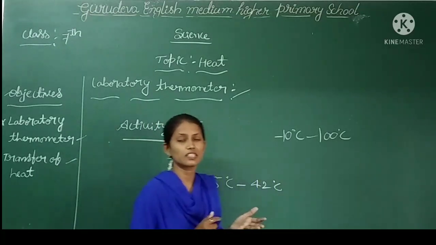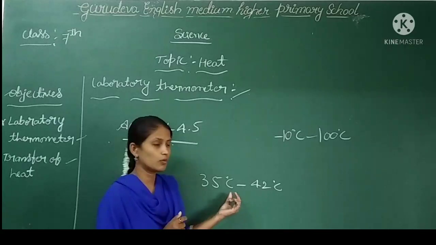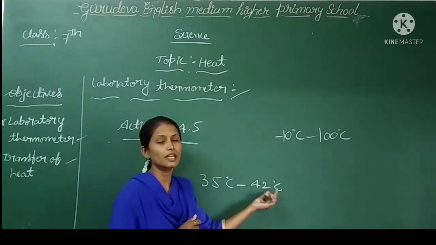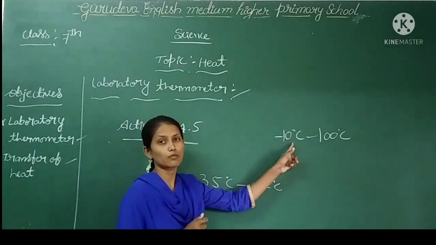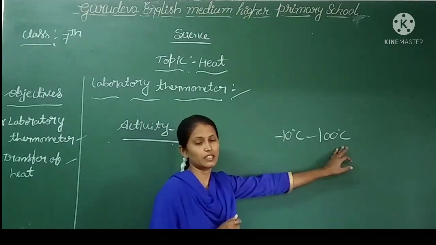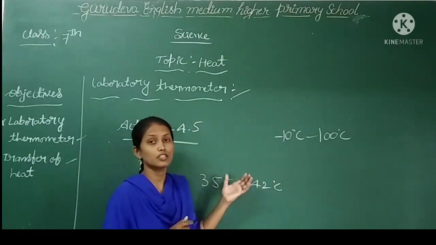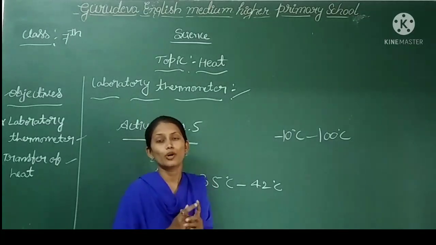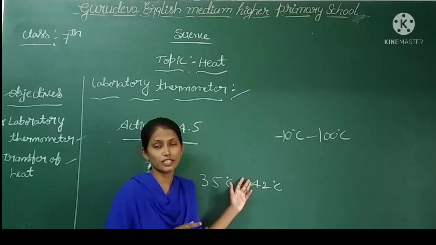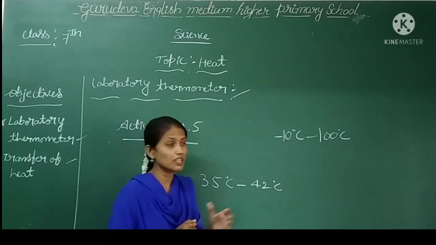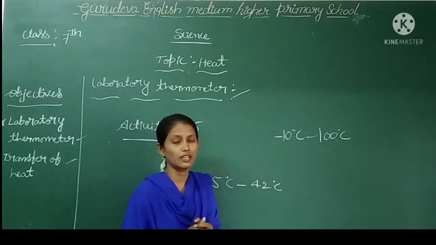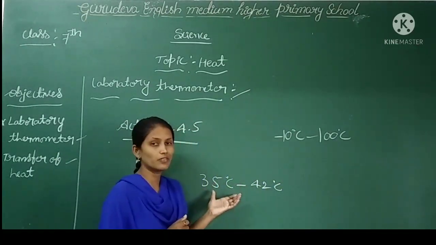As we discussed in yesterday's class, the range of the clinical thermometer is 35 degrees to 42 degrees, right? But the range of the laboratory thermometer starts from minus 10 degrees up to 100 degrees. The clinical thermometer is used to measure only the body temperature of humans and animals. We cannot use the clinical thermometer to measure liquids, because its range is only from 35 to 42.